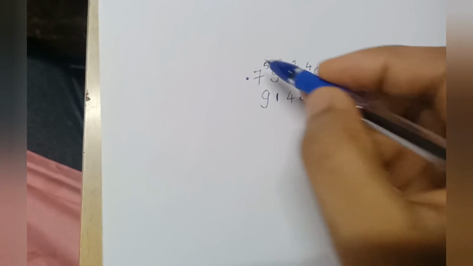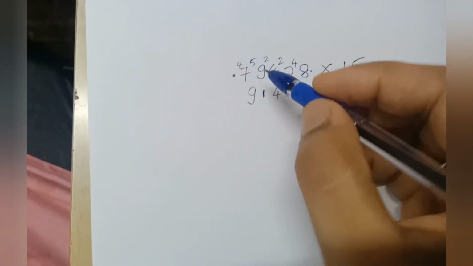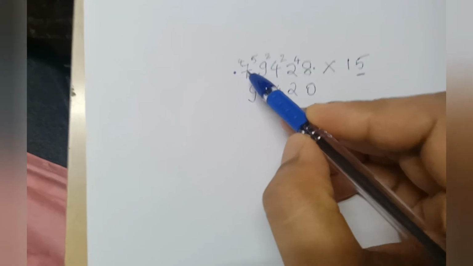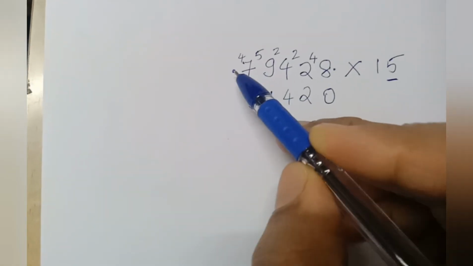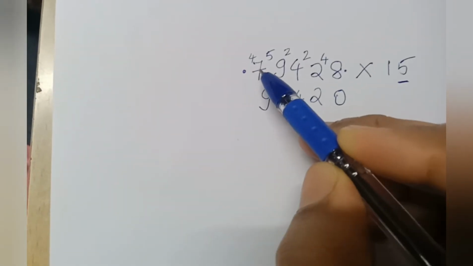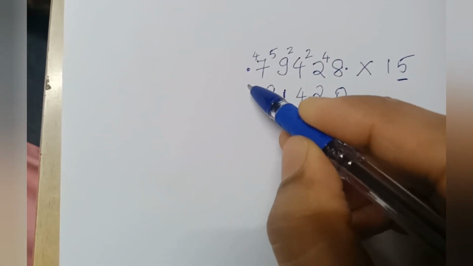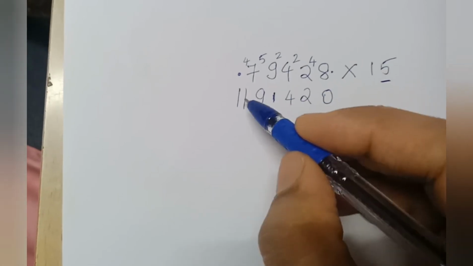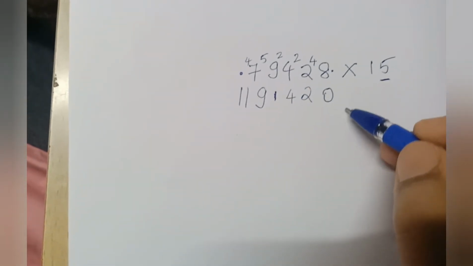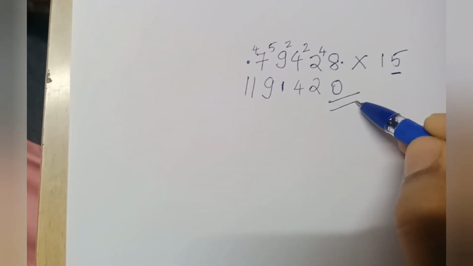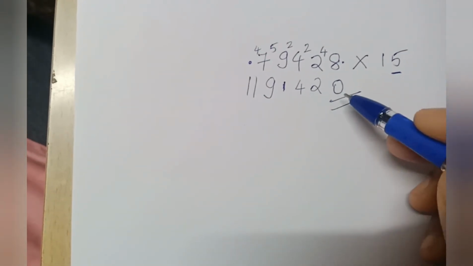So write here 9 and 4 carry forward. Now add this 7 with the 0. 7 plus 0 is 7. 7 plus 4 is 11. So you have got this answer: 1191420. Yes or no? If you check the calculator, you will find this as the answer.